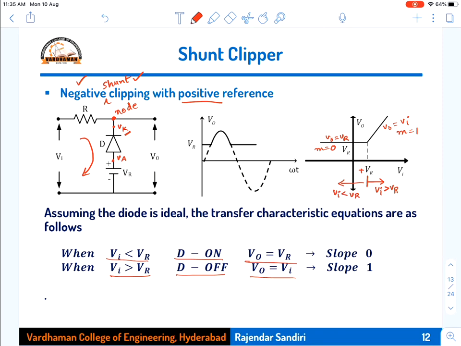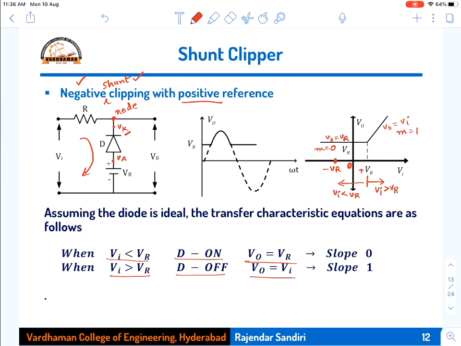Suppose the reference voltage is negative, then you will be taking the negative reference on the other side, and again you get two segments. Vi greater than minus Vr, what happens? Vi less than minus Vr, what happens? If there is zero reference, your reference will be at the origin. Again two segments: Vi greater than 0, Vi less than 0. That means the transfer characteristic has two segments.